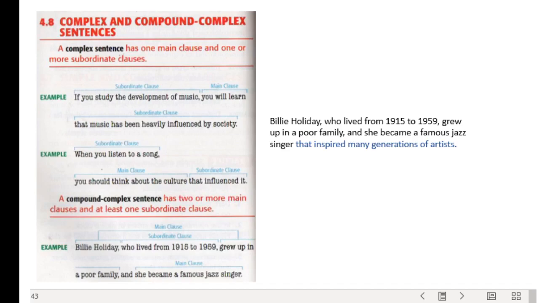we have the complex and compound complex sentences. You know that to have a complex sentence is having a subordination. If you have subordination, it is a complex sentence. But if you have subordination and you have coordination two times, at least two times, it is a compound complex sentence. Okay?